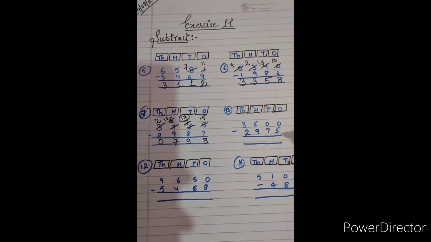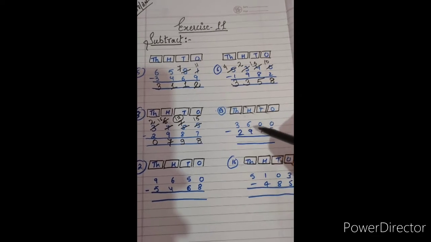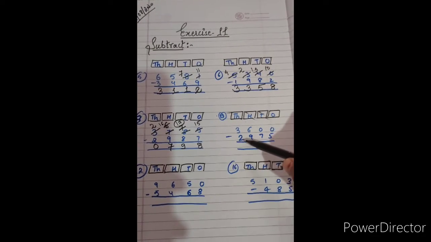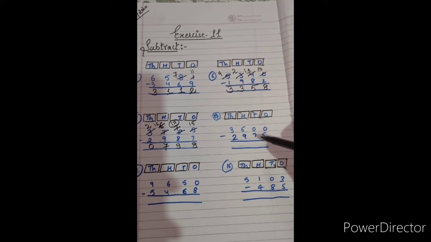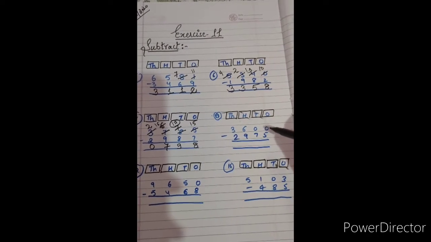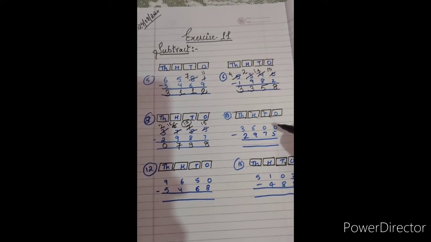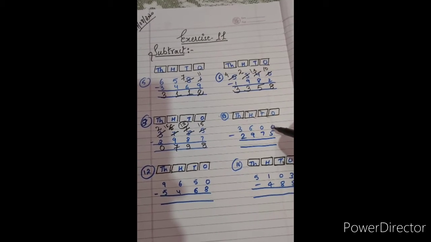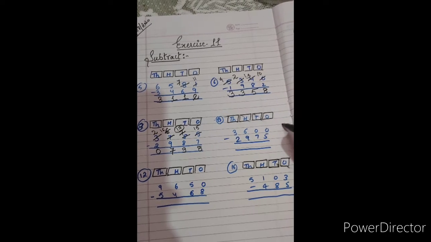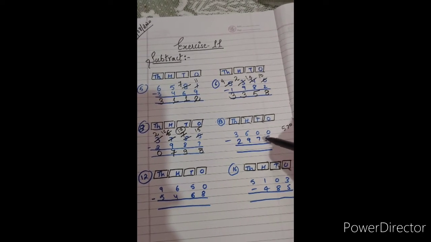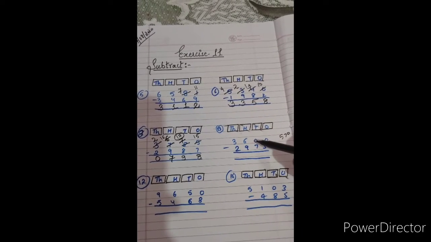Now see the question number 10. 3600 minus 2975, right? So step 1 is already done. Now step 2 is subtracting the ones. So we want to subtract 5 from 0. But it is not possible because 5 is greater than 0. So from the tens position, but there is also a 0.